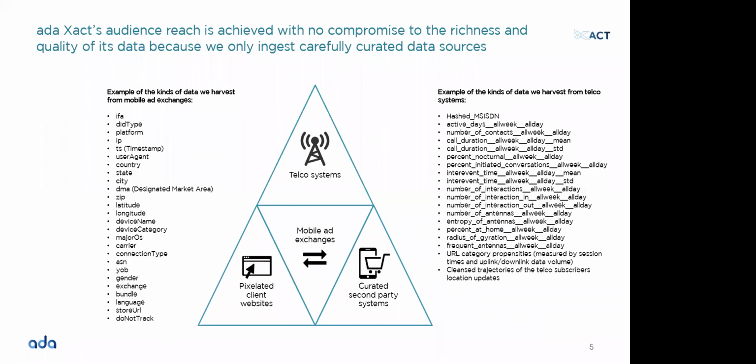And the more spread out the antennas, the more likely the user is to move around a lot. And this has tremendous implications for things like the user's need for motor insurance, personal accident insurance, and so on and so on. So I think we're still at the beginning of exploring the possibilities of using telco data for ad targeting.